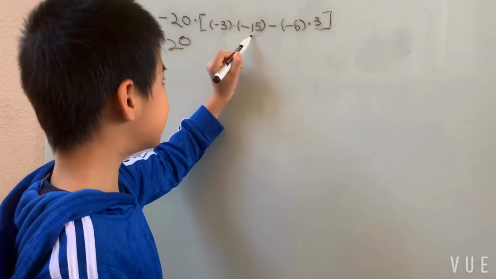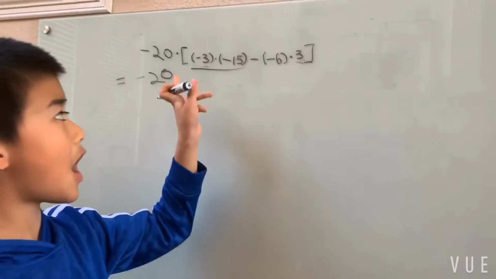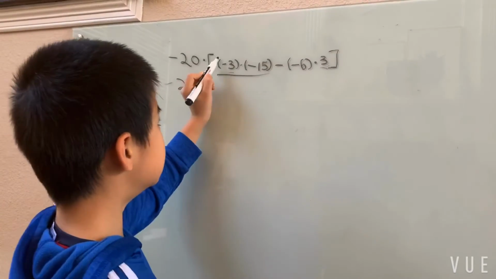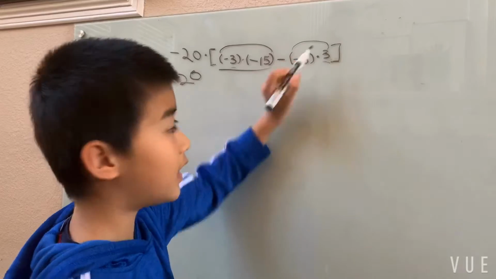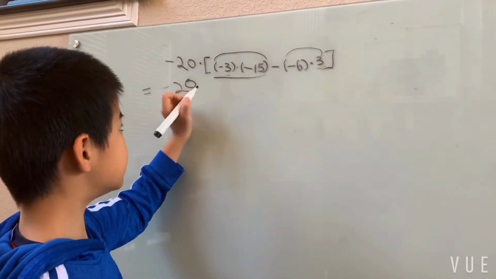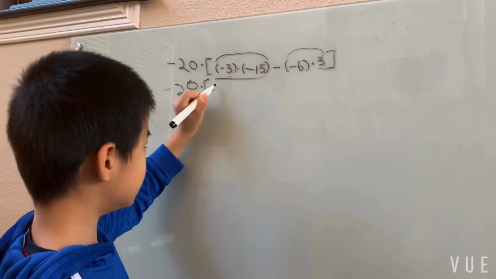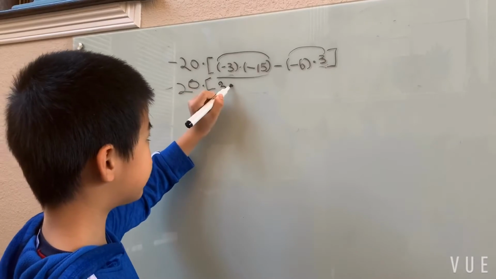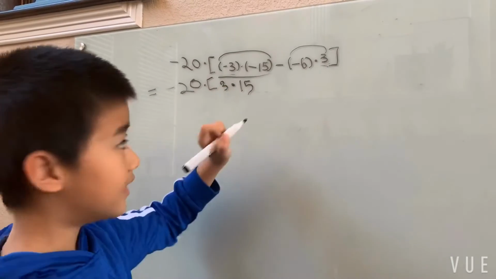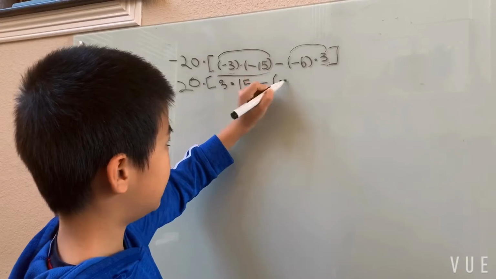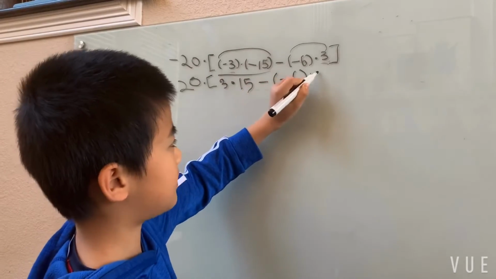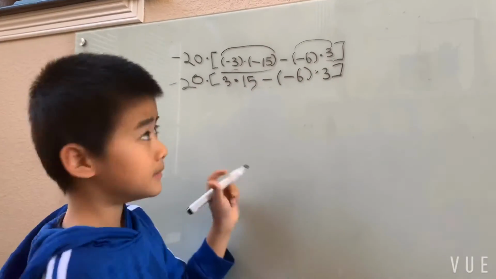But here you have to figure out -3 times -15. It's this big hunk minus this hunk. So it's actually equal to 3 times 15, and then we subtract the -6 and then multiply by 3 again.